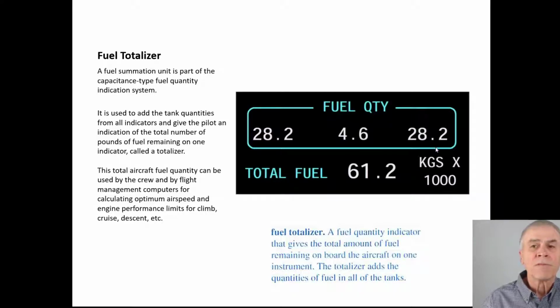So let's follow up on it and see what the difference is. 28 and 28 is 56, plus 4 is 60, plus the 1. So actually the fuel totalizer should total 61.0. Maybe it's rounding up.